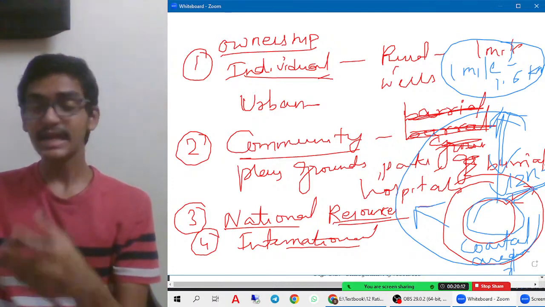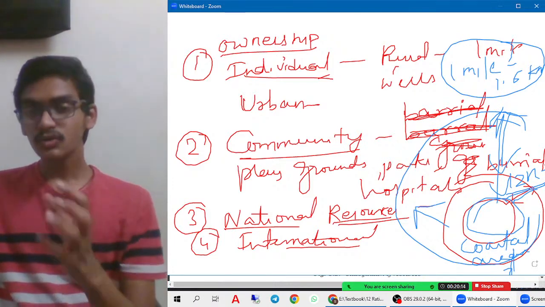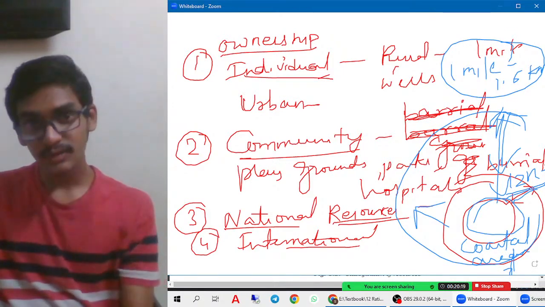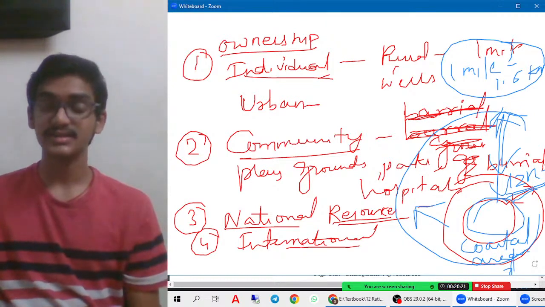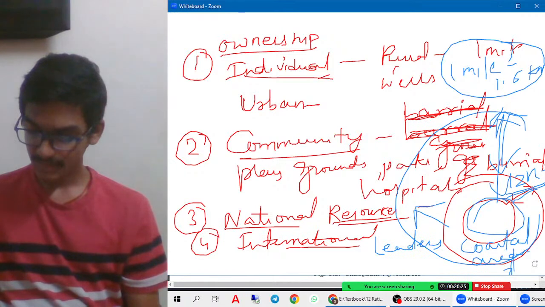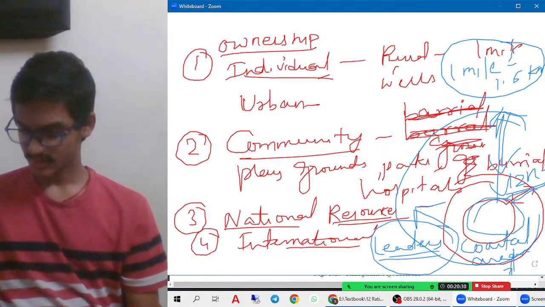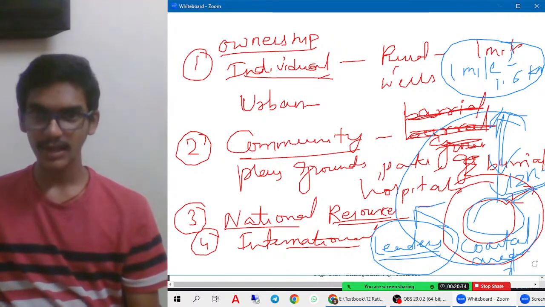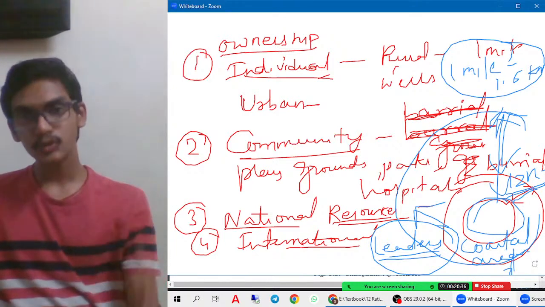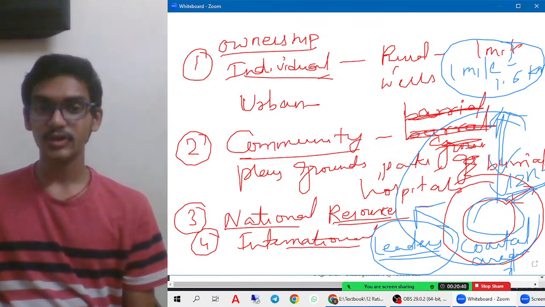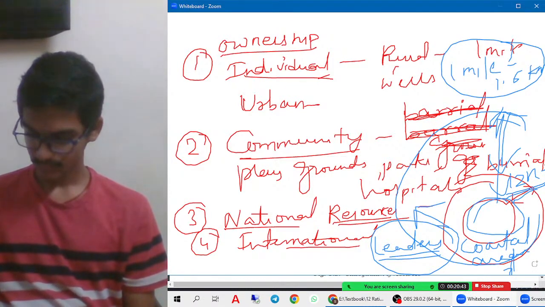Beyond 12 nautical miles, any country cannot use the resources by itself. If they want to use any resources beyond 12 nautical miles, they must consult the international leaders, and only then can they extract those resources. That is called the exclusive economic zone. That is very much important.